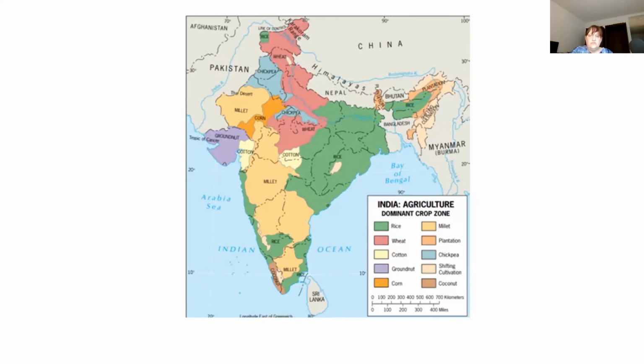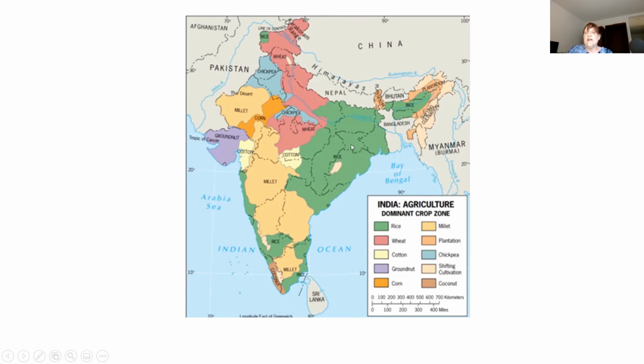Now, even though this is industrializing, even though this market is emerging, agriculture is still responsible for 20% of their GDP. And you can see where they have planted crops that are set to the climate.